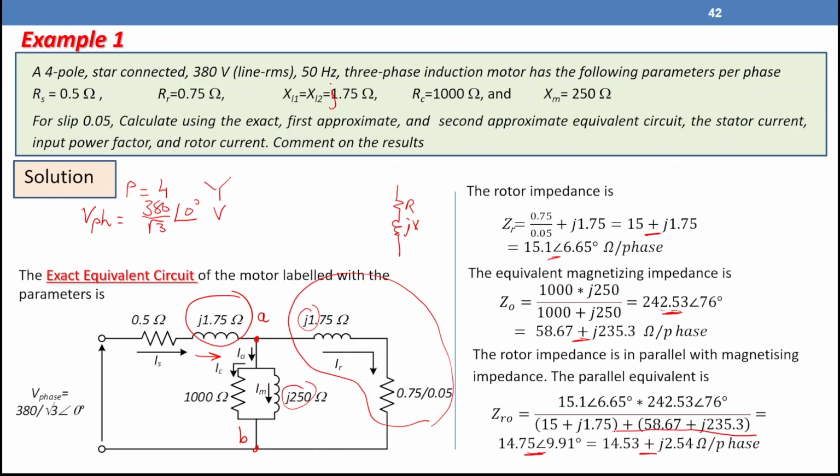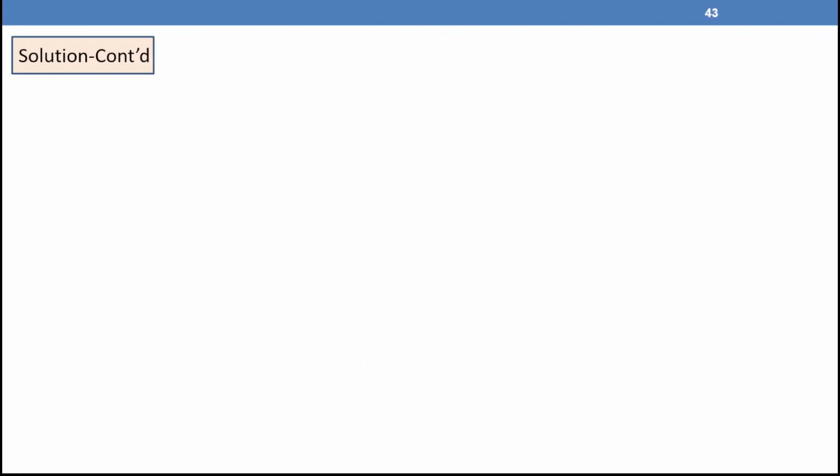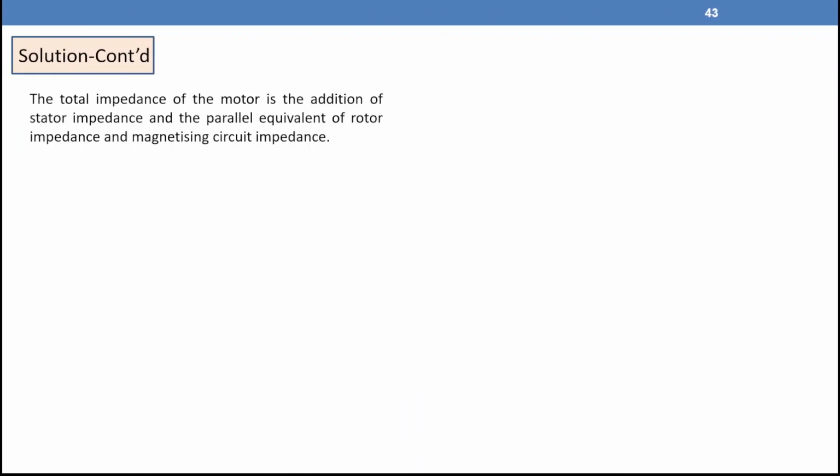Now I need this one, because it will be added to the stator impedance to give the total impedance seen by this source. So to have the total impedance, we add the stator impedance to the parallel combination of the rotor impedance and the magnetizing branch. The total impedance is 15.63 angle 15.9 degree ohm per phase.